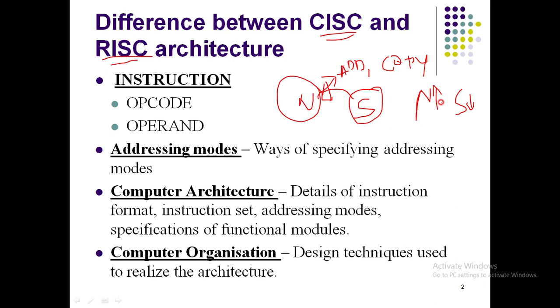The other scenario is, say I have an individual instruction but it is performing more complex operations. That is, I have only one instruction which is complex. In one instruction I am doing addition, multiplication and subtraction, and these are all done in only a single step.